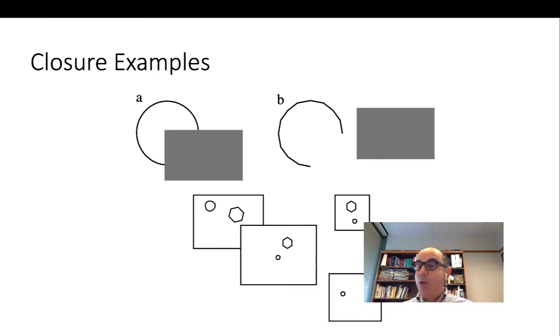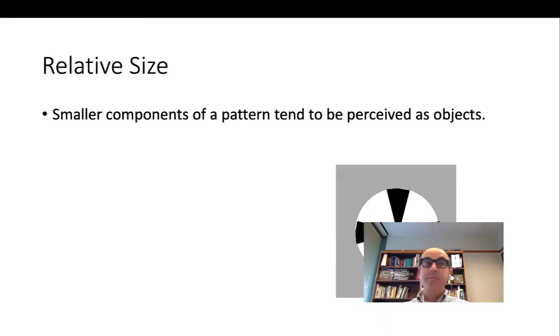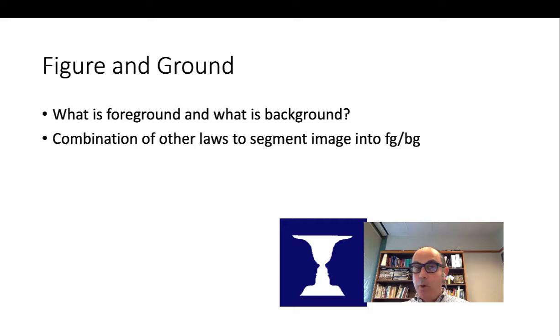And again, A works better than the B because of the closure that they bring together. Relative size is also part of our terminology, part of our elements that we need to use in order for us to make the point. Similar components of patterns tend to be perceived as an object. And so what we are trying to do is use relative size to make the point.